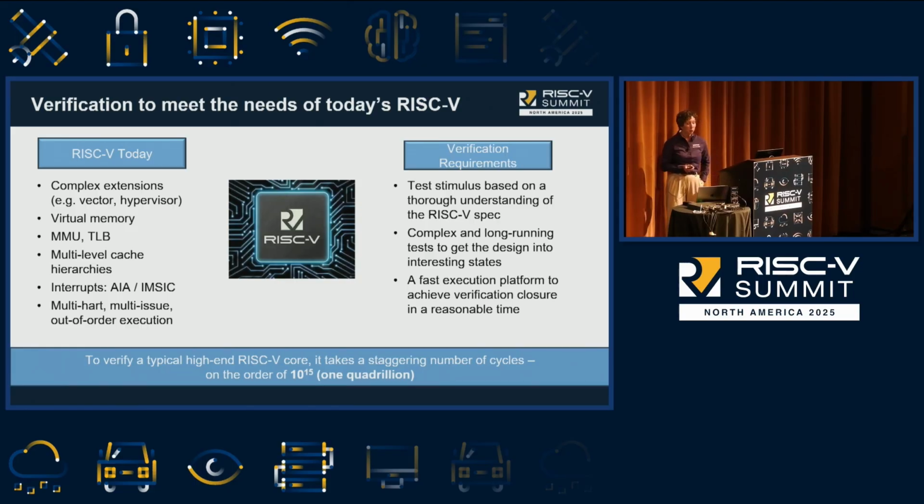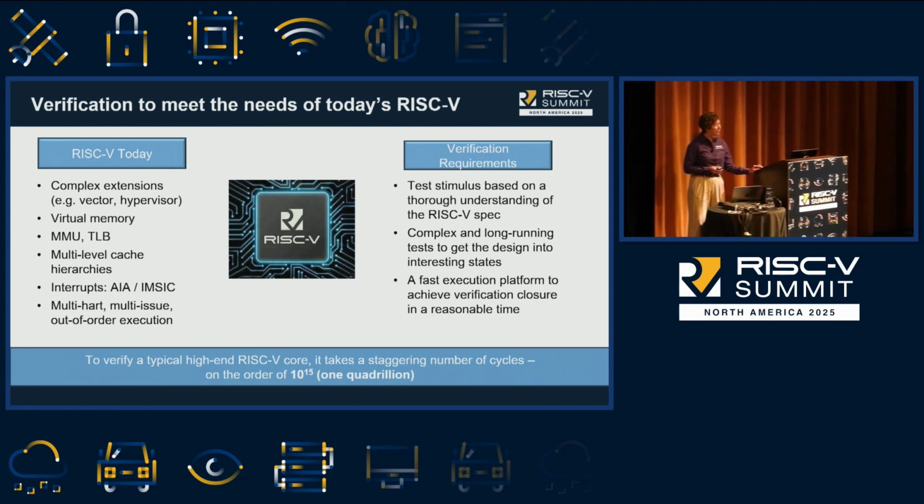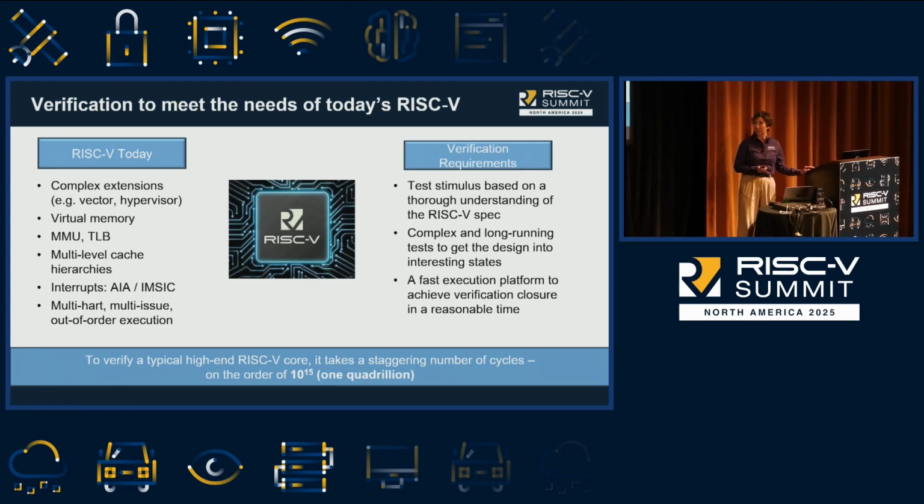We have multi-core designs, multi-level cache hierarchies, virtual memory, and things like AIA, Advanced Interrupt Architecture. All of these present new verification challenges. And new verification challenges require different verification techniques.